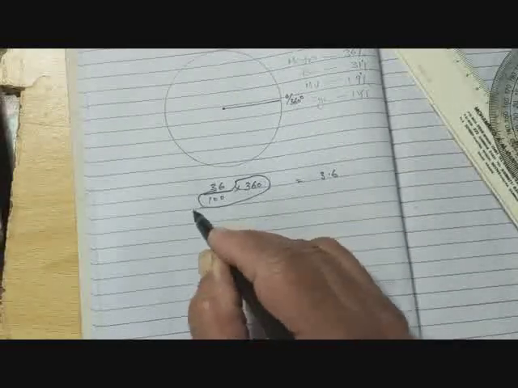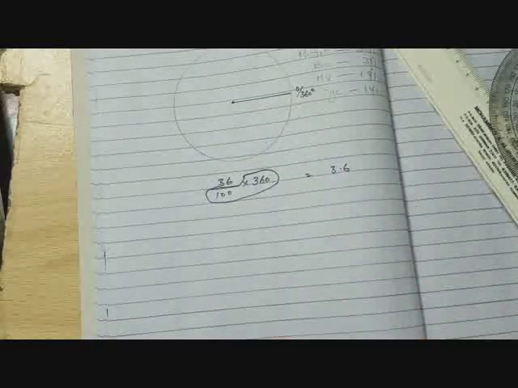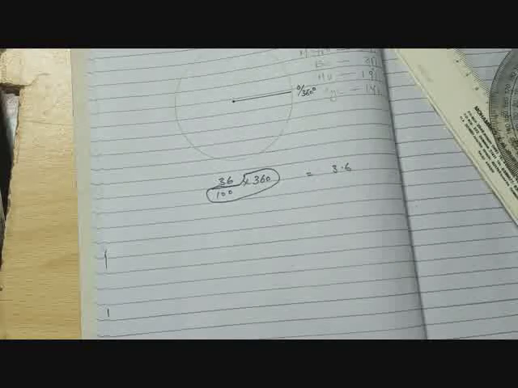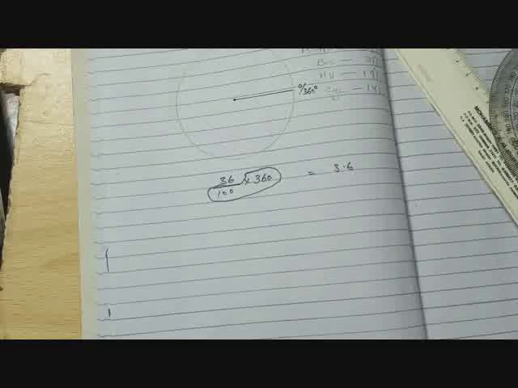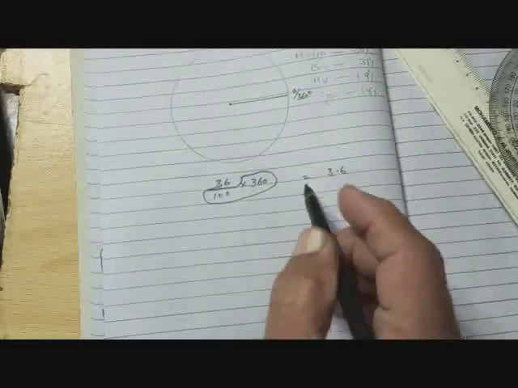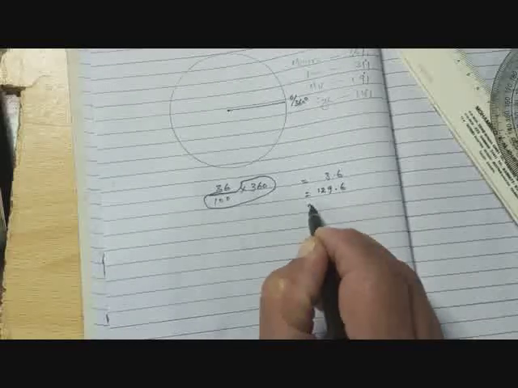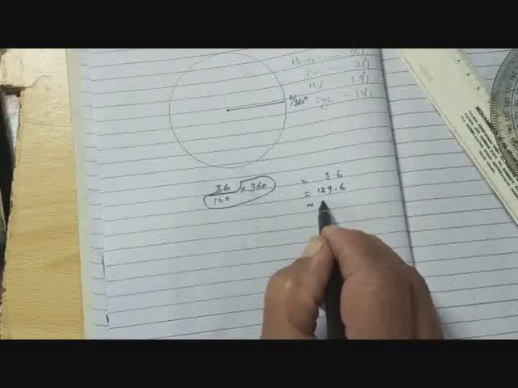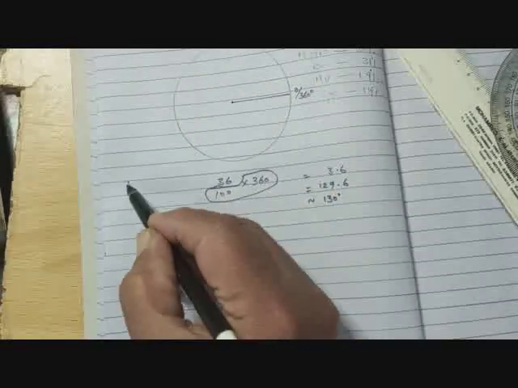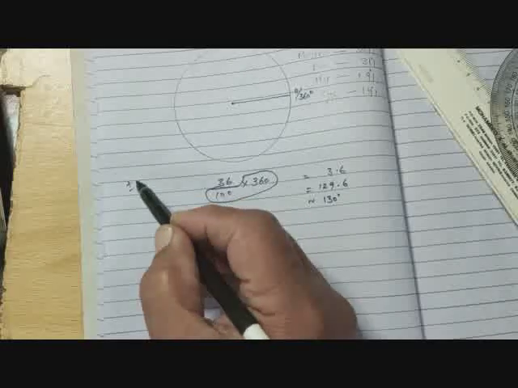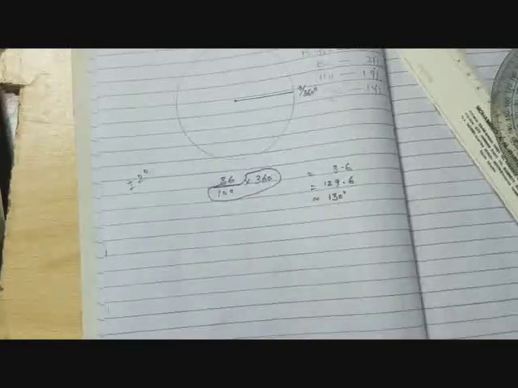Now this part only is 3.6, so 3.6 will be multiplied with 36 and it will become 129.6. Now rounding off, what I'll get? 130 degrees. Now there is always a tolerance of error of 2 degrees, plus minus 2 degrees.